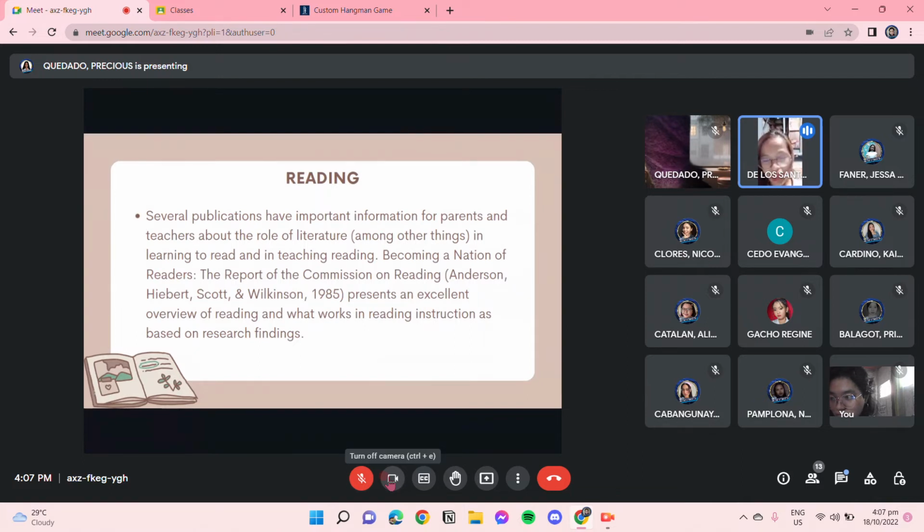So, ano nga bang value ng reading when it comes to literature for children? Of course, first, reading improves by engaging in the actual process, and regular reading of excellent literature can foster language development and help young children learn to read and value reading.